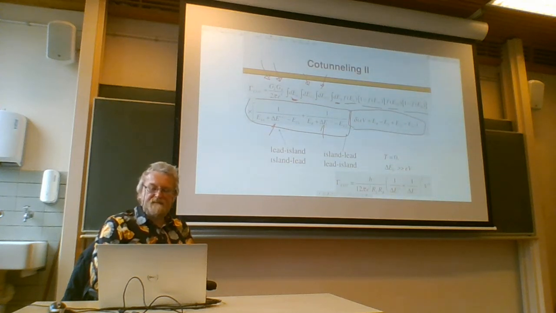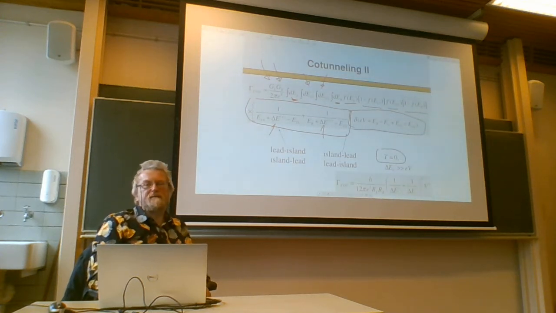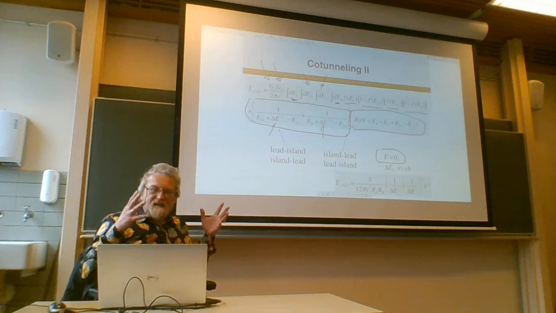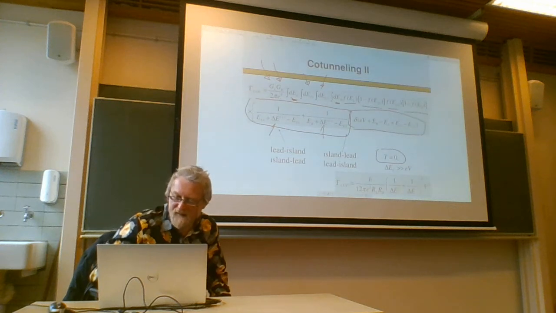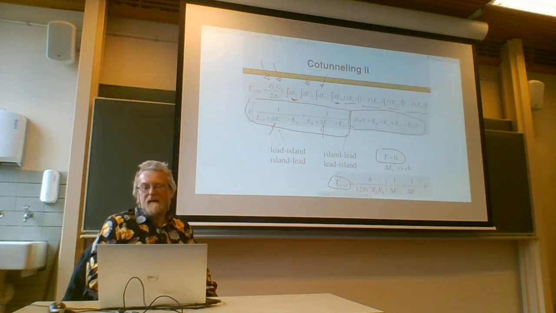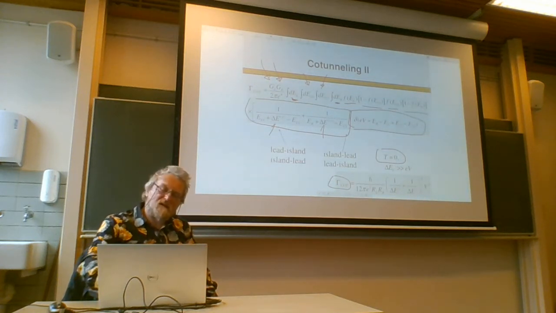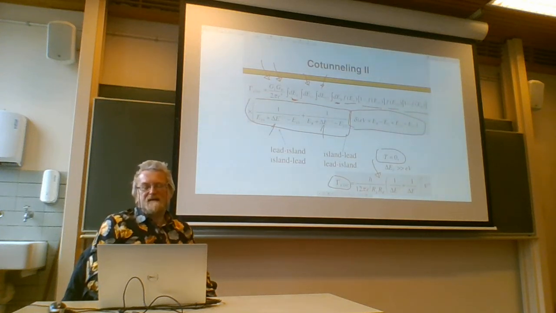What is the answer? The answer is that even at zero temperature, inside the Coulomb diamond, there's still some electron transfer, still some current going. The current is proportional to the product of conductances, measured in conductance quantum.